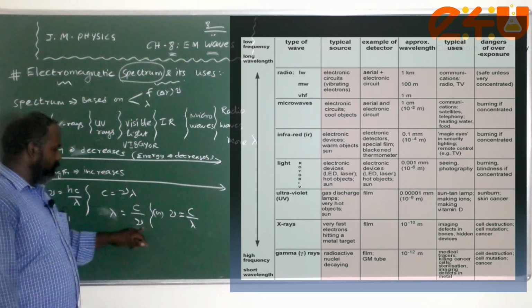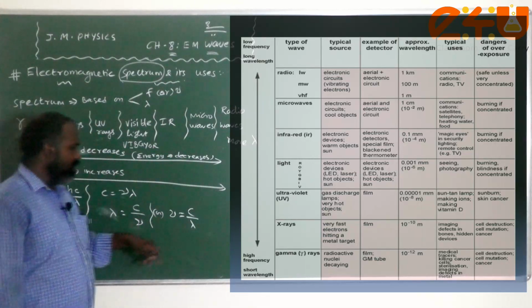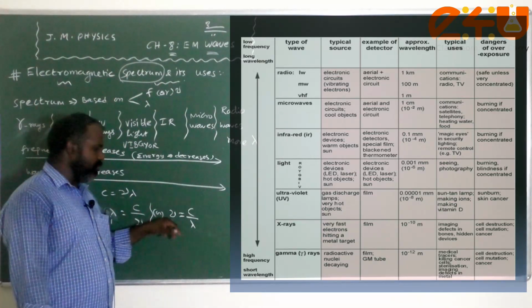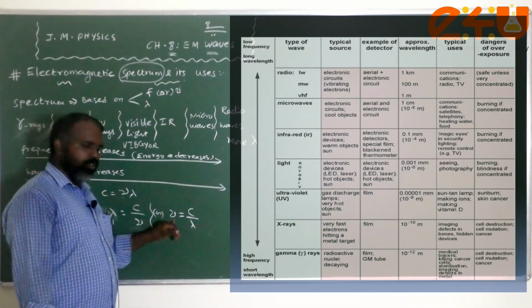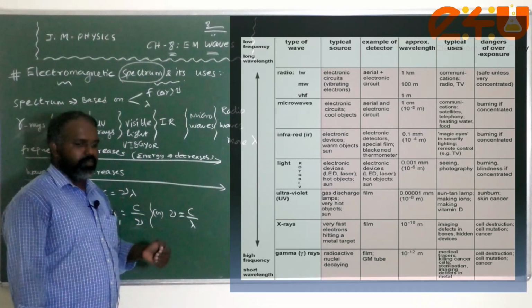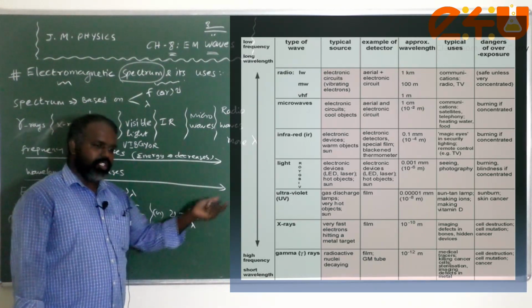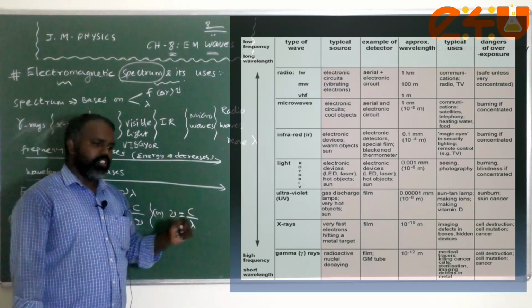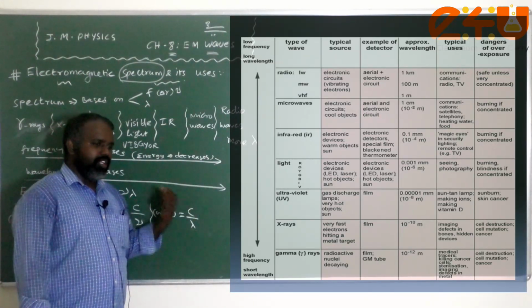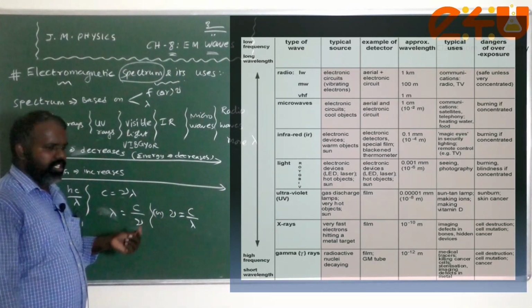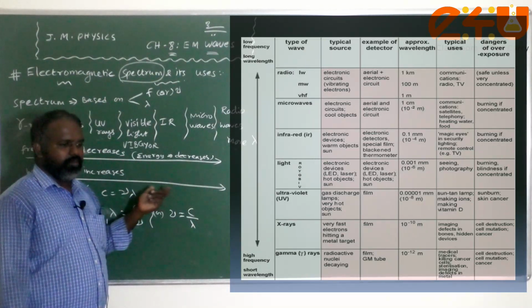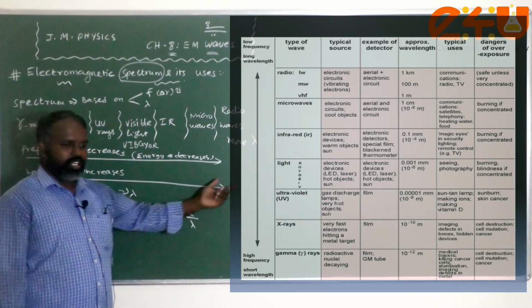If you know the frequency, we can find out its wavelength range, or if you know the wavelength range, then you can find out the frequencies, for the examination point of view. Okay children, so this table is just for your reference. Please kindly refer to the NCERT book for this particular data.